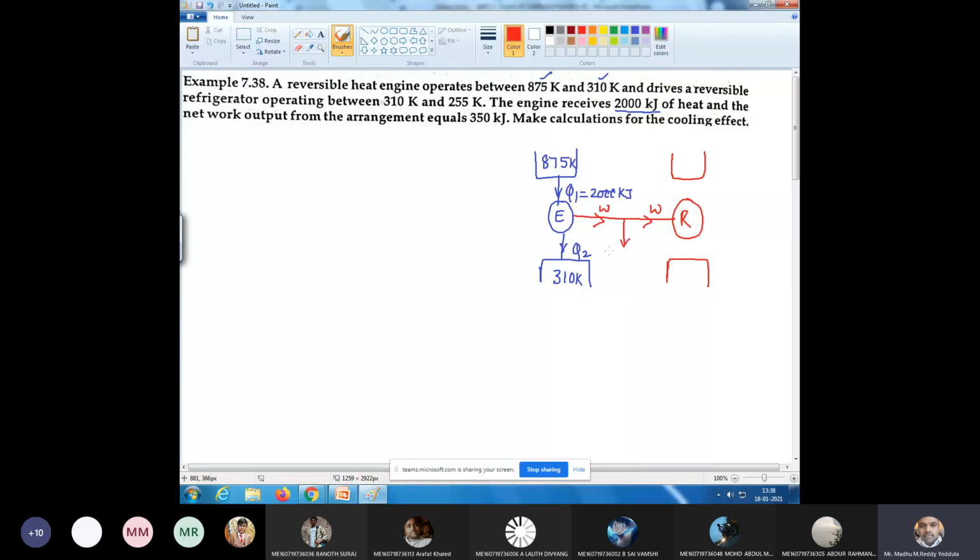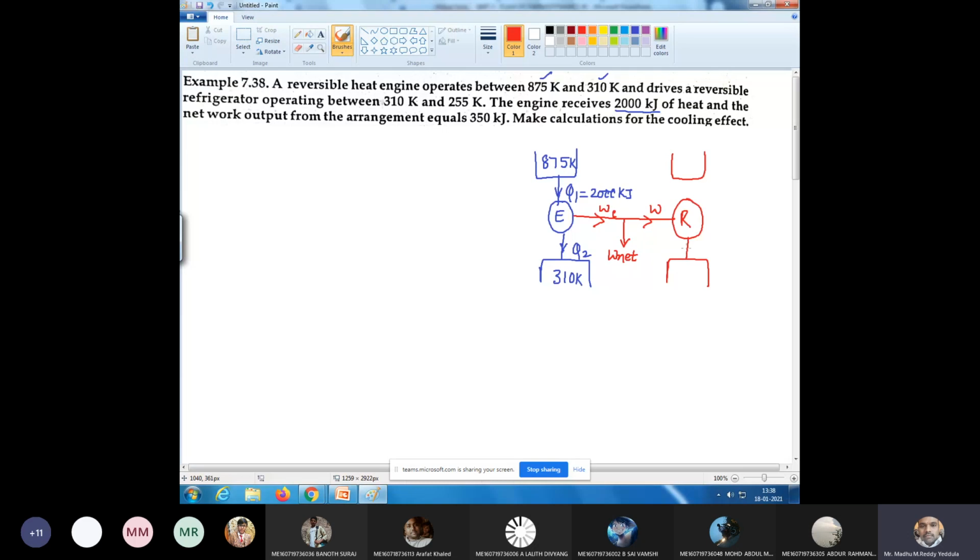Then the remaining work is my net work. Got it? So this is the total work done by the engine, and this is the work consumed by the refrigerator. Let us say if 100 kilojoules is the work done, and out of 100, 50 kilojoules is consumed by the refrigerator, then W net is this minus this.